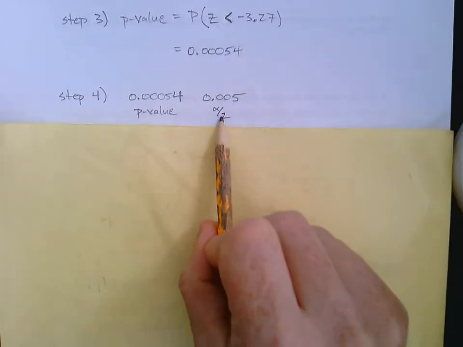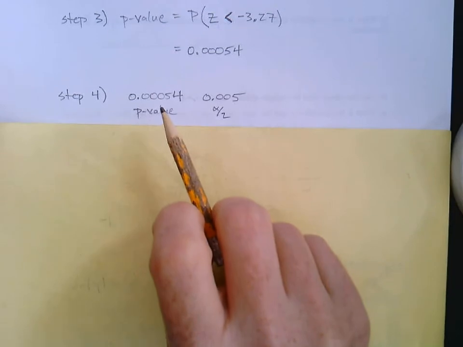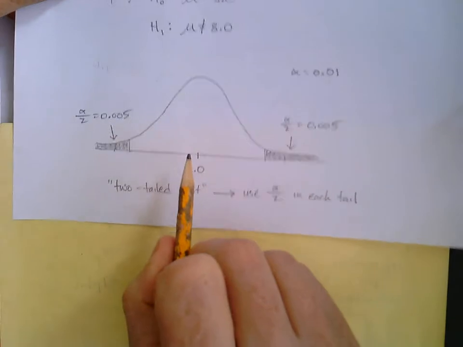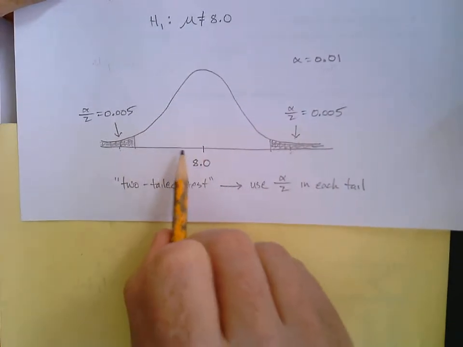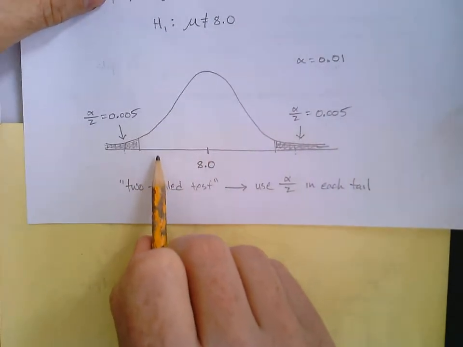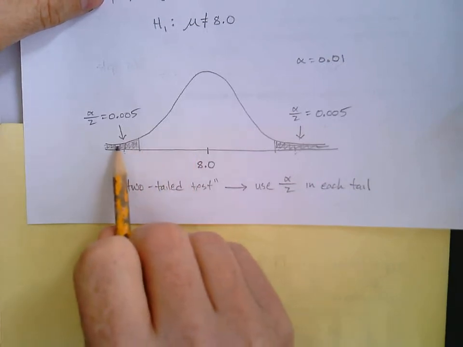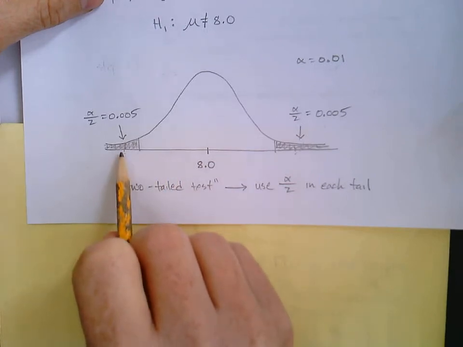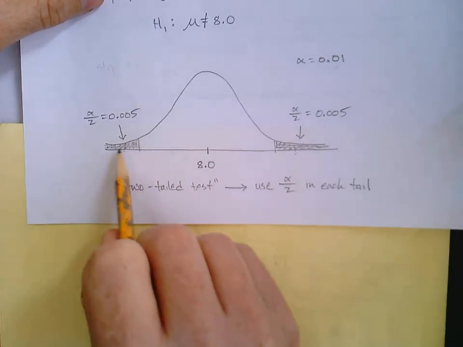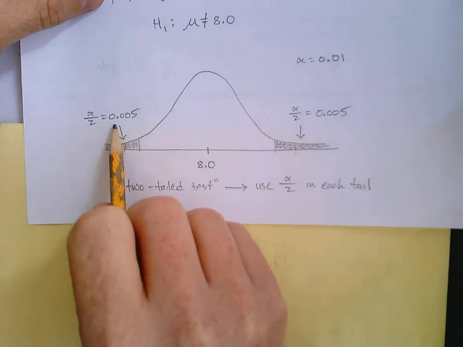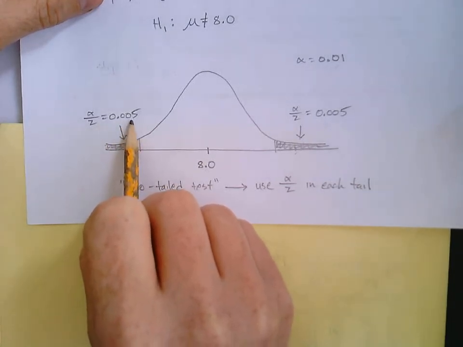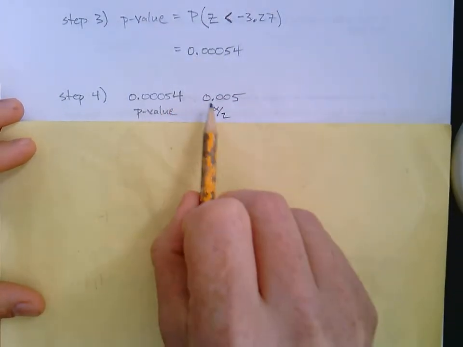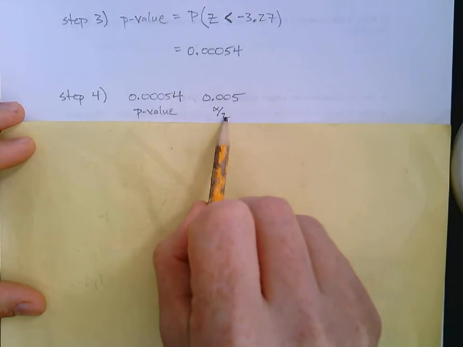We actually want to compare here to alpha over 2 because that's how much is in the lower tail. We're really just looking at what's less than 8.0. So because our sample average came out to be 7.6, we're wondering, I know 7.6 is down here somewhere, but will 7.6 be in the shaded region or will it be up here? So we're only comparing our p-value with 0.005.